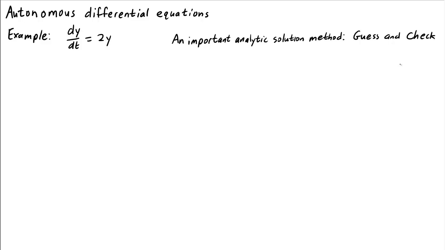The way to guess is to use your knowledge and intuition about derivatives to find a function whose derivative behaves in the required way. Here we want to find a function where, if we take its derivative, we get the function back, only multiplied by 2. Let's forget about the factor of 2 for a moment. Do you know any function that is its own derivative?